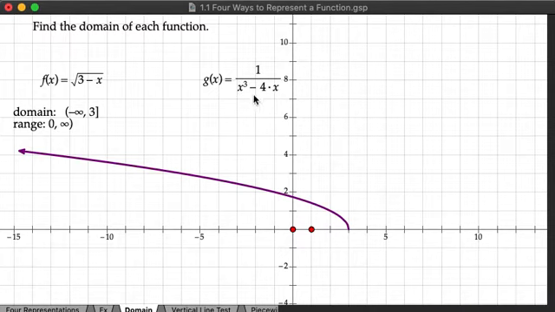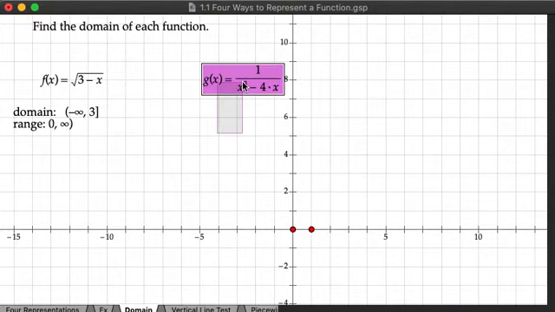So doing a little bit of algebraic work, we see that x can't be 0 and x can't be plus or minus 2. So I'm going to get rid of this and I'll graph this function.